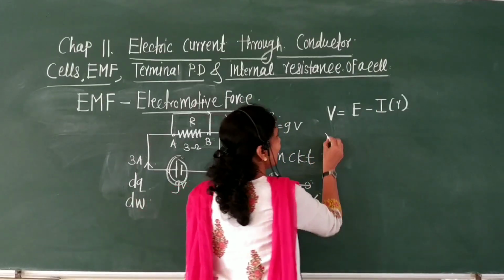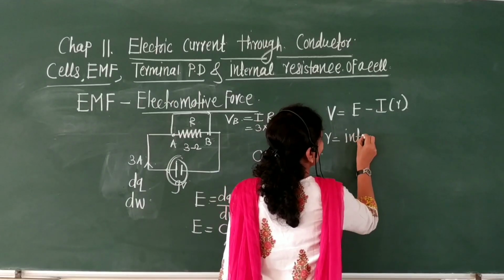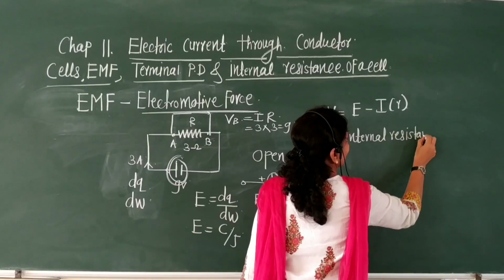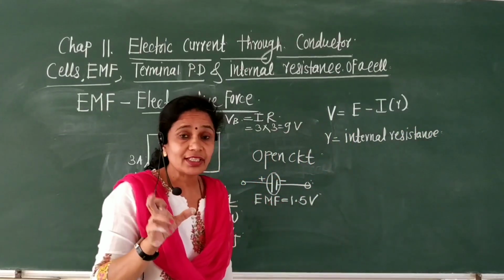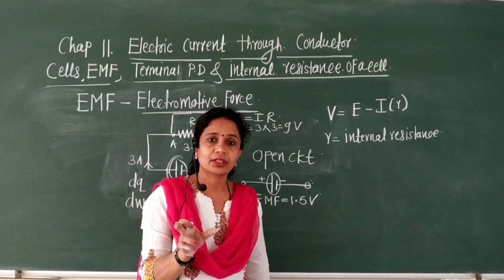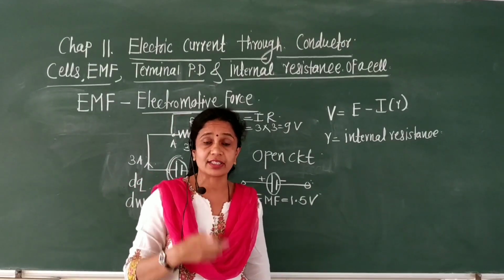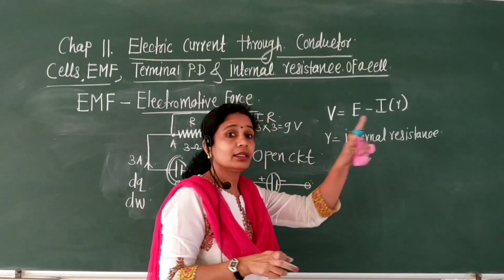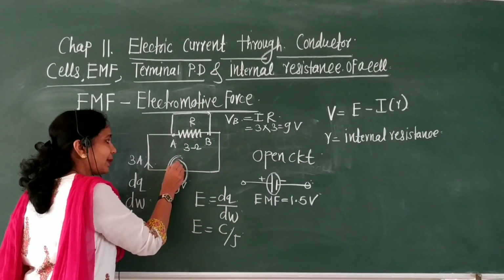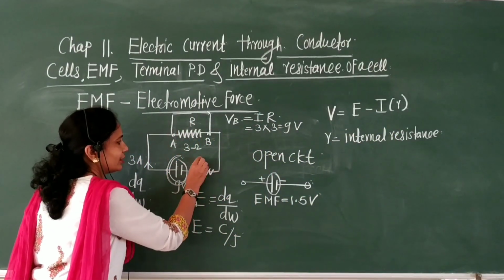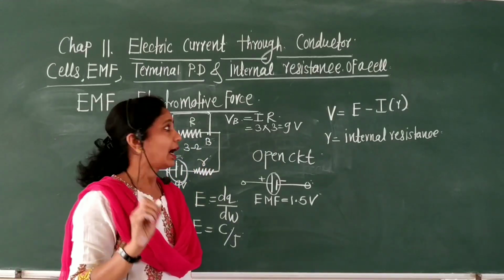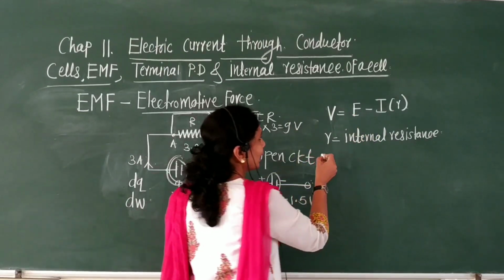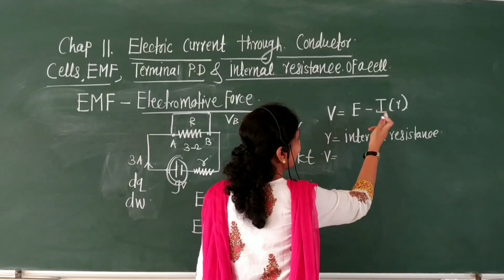What is r here? r is the internal resistance of a cell. Each cell has its own resistance due to the chemical reaction, called the internal resistance, denoted by small r.